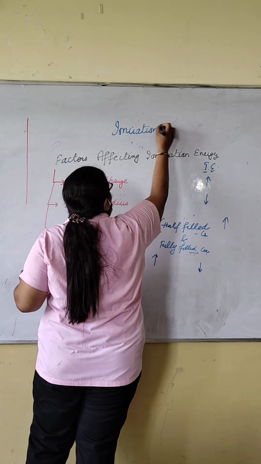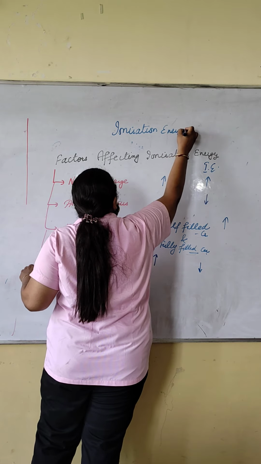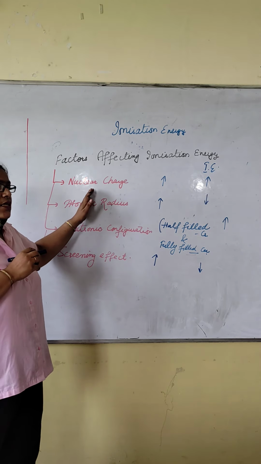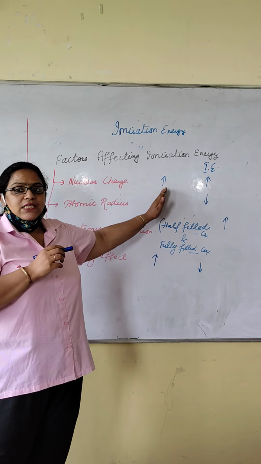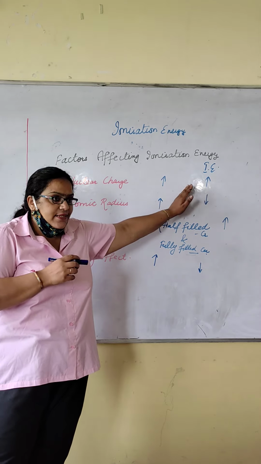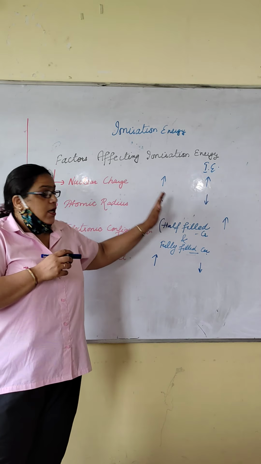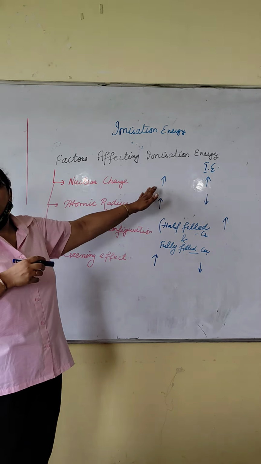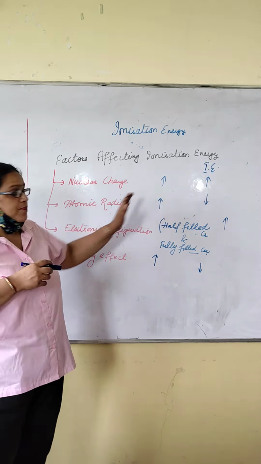Fine. It is represented by IE. Factors are nuclear charge. With the increase in nuclear charge, ionization energy increases or vice versa. If nuclear charge is less, then less IE is required. Okay.